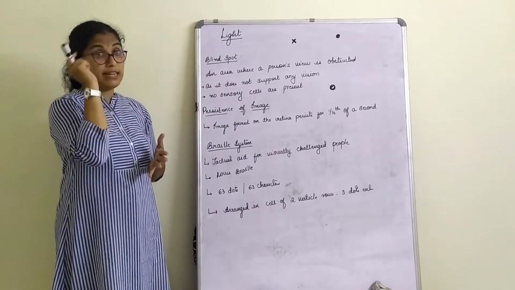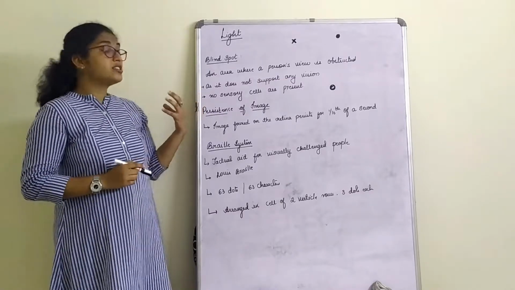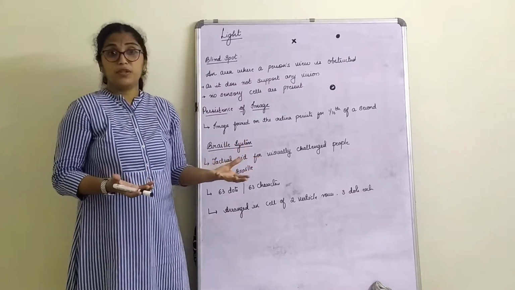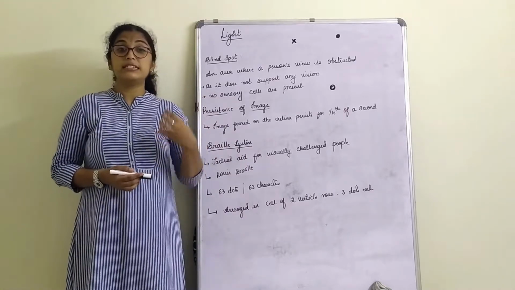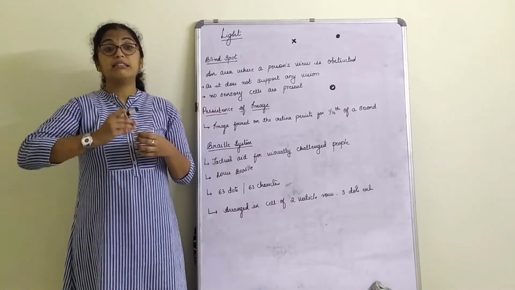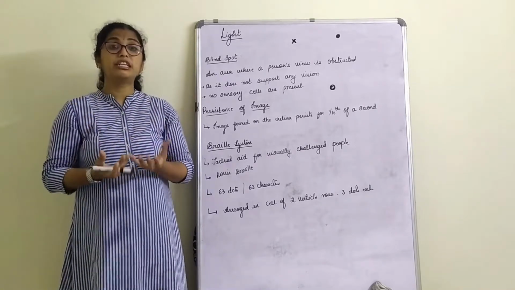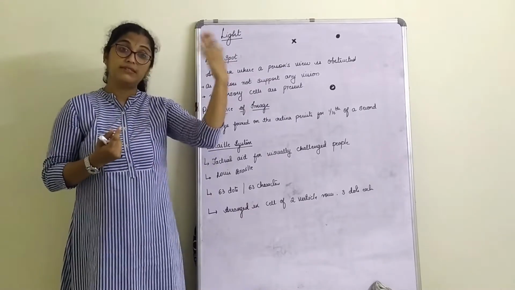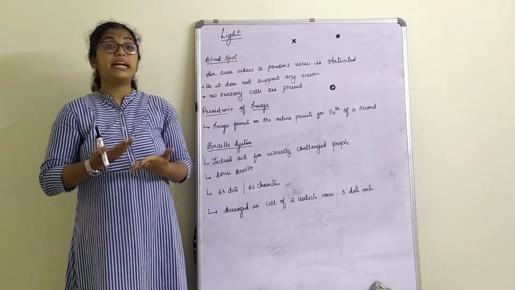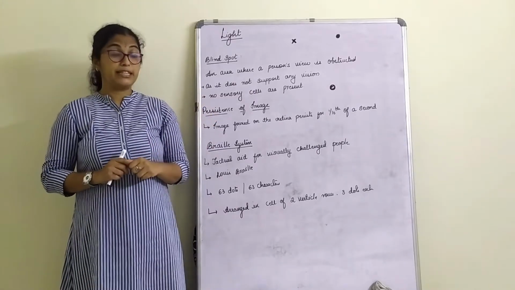That is why the optic nerve does not get any sensory signals to send to the brain. So that is what is called a blind spot.